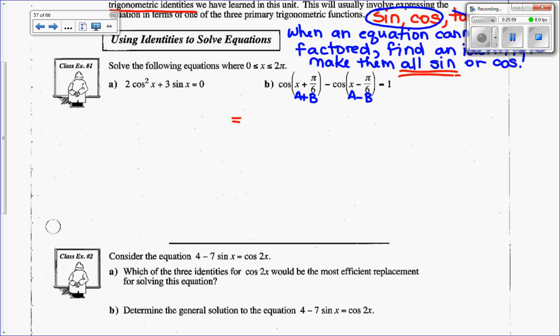Okay, so according to the identity, this is cos x times cos b, which is cos pi over 6. And all of that, I don't need those brackets.